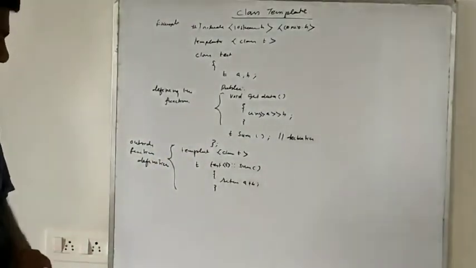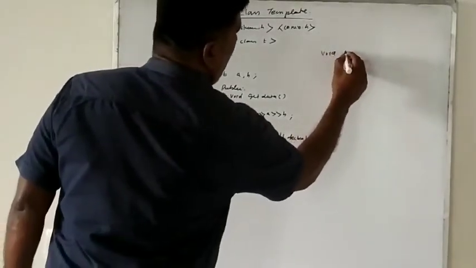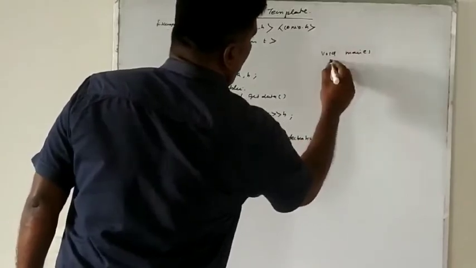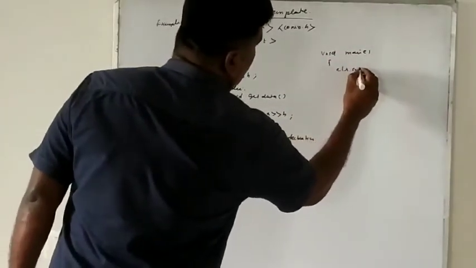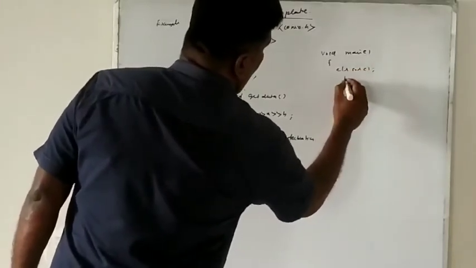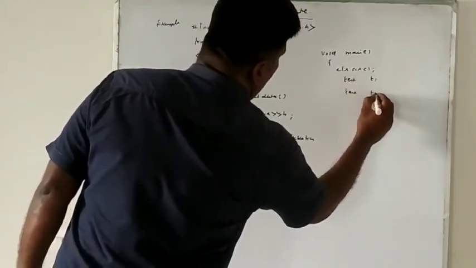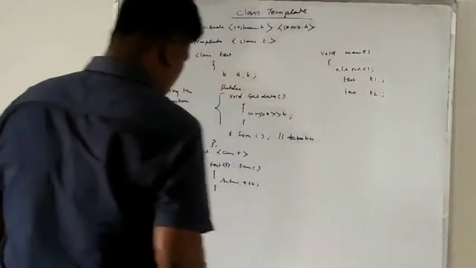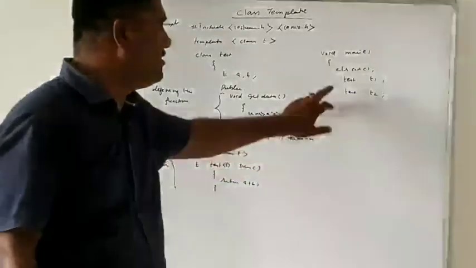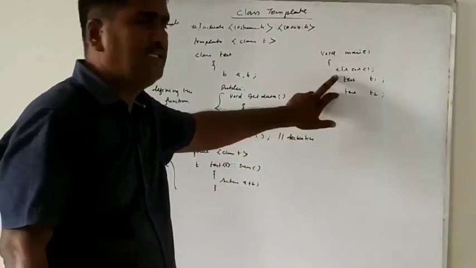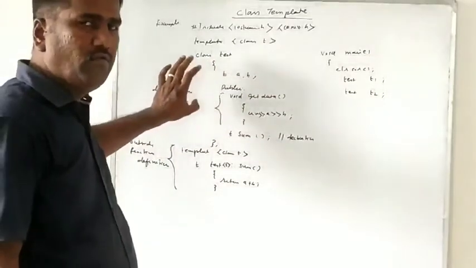Right, so we go to void main. clrscr. Create the objects test T1 and test T2. Based upon this object creation, the class will work as an integer type or a float type.